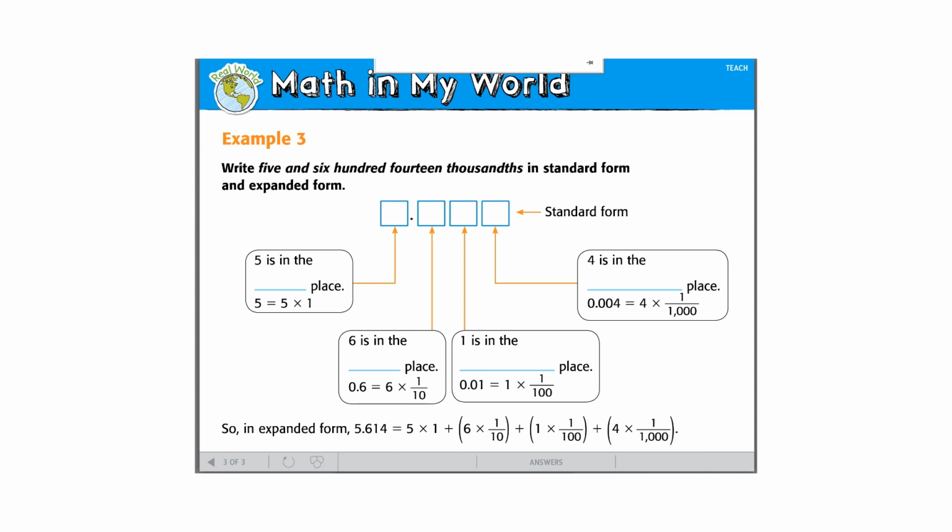If I get confused, I can look and find the word "and," because that's where I know the decimal point is going to be. All the words before the word "and" are going to be before the decimal point. All the words after the word "and" are going to be after the decimal point. So this number would be 5 and, there's my decimal point, 614 thousandths.